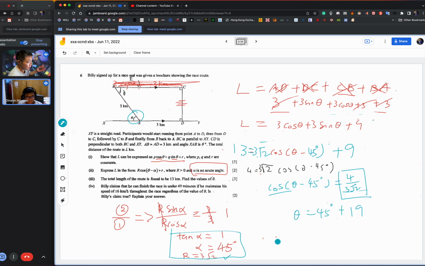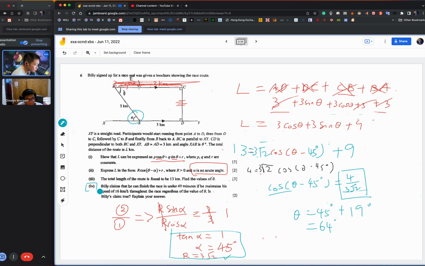If you go ahead and do it, it's going to exceed this. You understand my point? So let's take it as 19 point something, just take it as 19. So basically you get 64 degrees here.